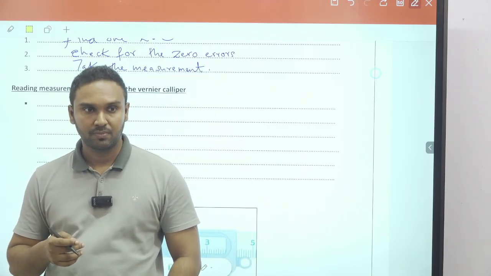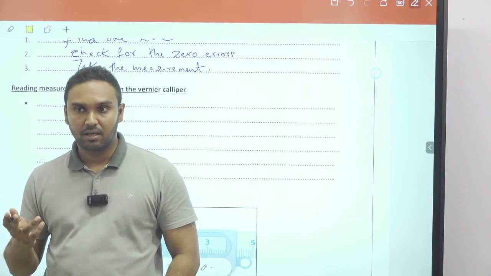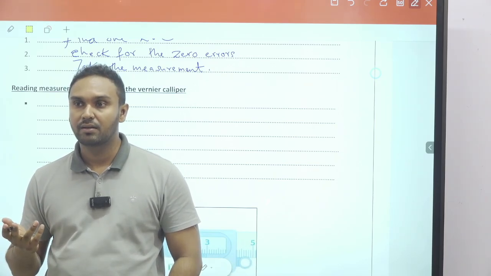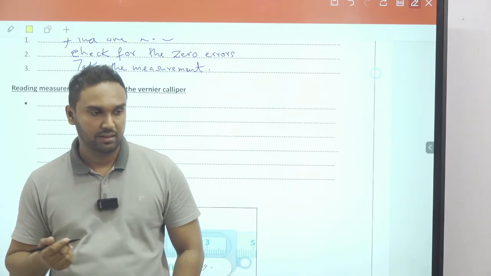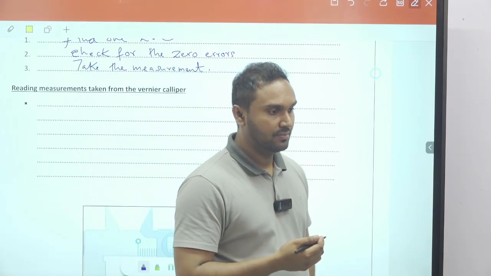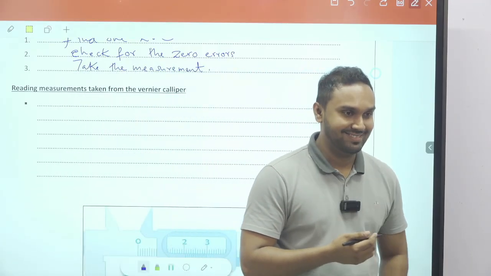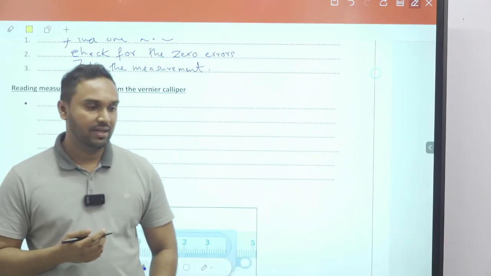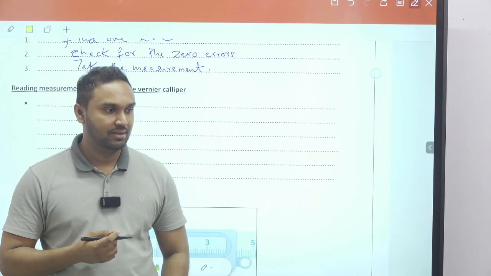Then you multiply the least count by the vernier scale reading to get the vernier scale value. Write that down as well. Put a sticky note there; I asked you to bring the sticky notes.